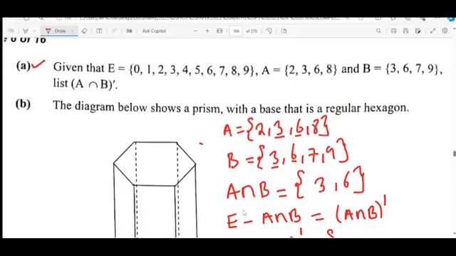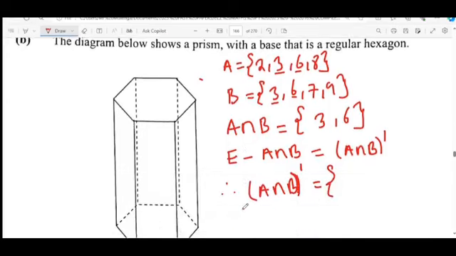So we just remove this 3 and we just remove this 6. We are remaining with 0, 1, 2, 4, 5, 7, 8, 9. That is our answer.